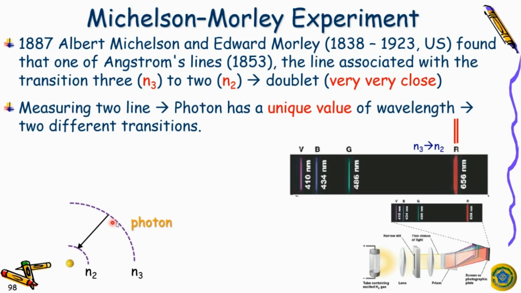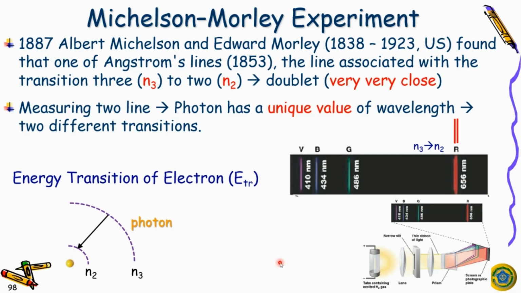They needed to think about what's going on, because for n=3 to n=2 there are two spectral lines. That means there are two possibilities. The first possibility is that the energy transition of the electron is this. The second possibility is that they might have two very close orbits, so this one goes to this one. That's why they will have two lines.